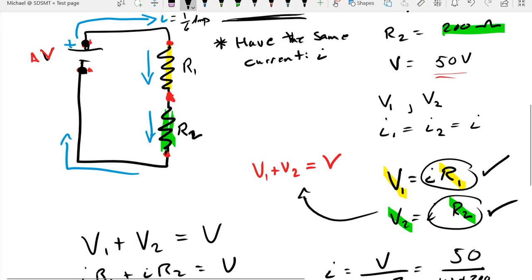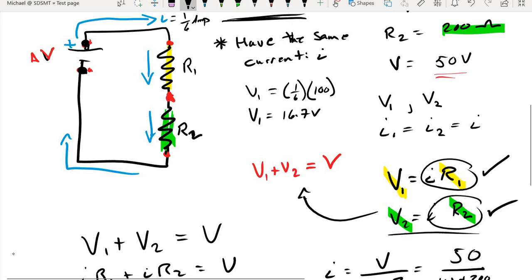We can take our current of 1/6, we can multiply it by the value of the first resistor, and that will give us the potential difference across the first resistor. So now it looks like I'll have to take my calculator out, because we have 100 over 6, and that's coming out to be about 16.7 volts.